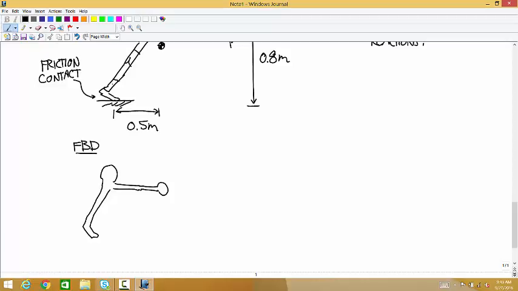We're going to use that equipollent systems thing. All right, so at the center of mass, there's a weight. That weight is acting at a place where there's no person. That's 80 times 9.81, which is 784.8.